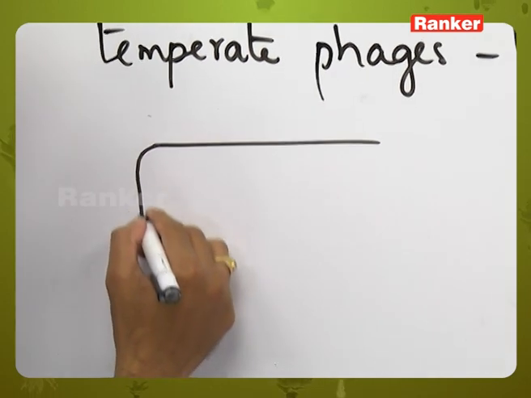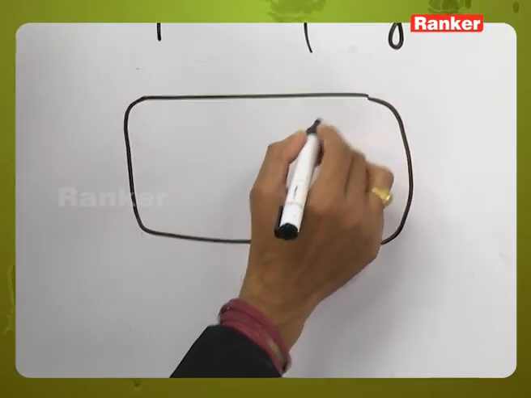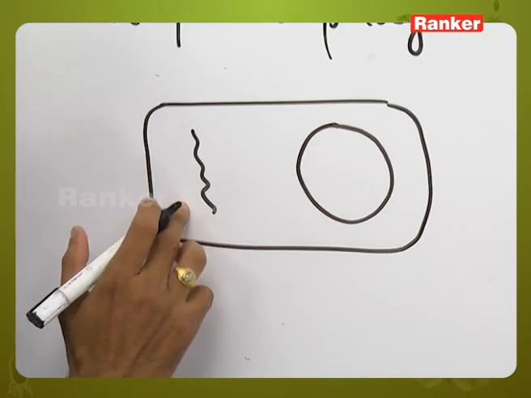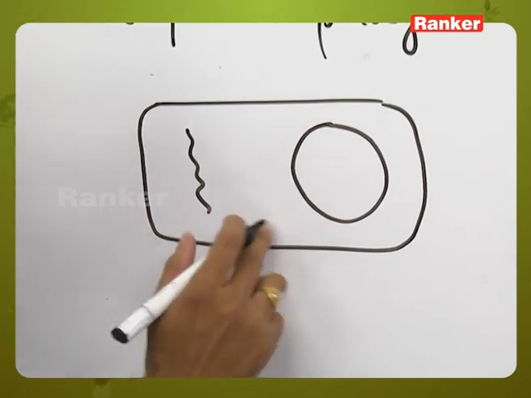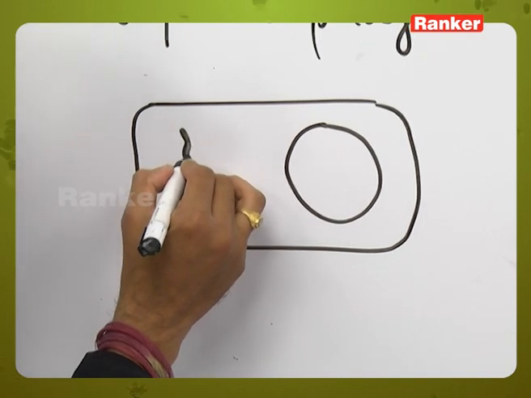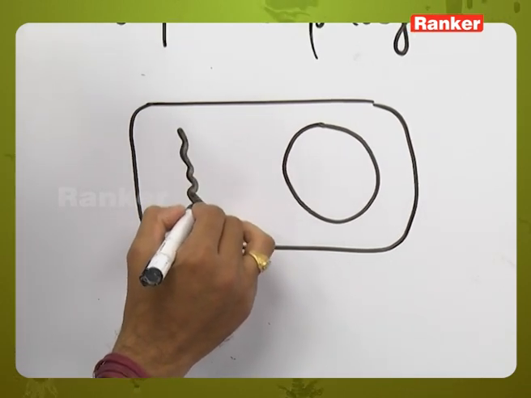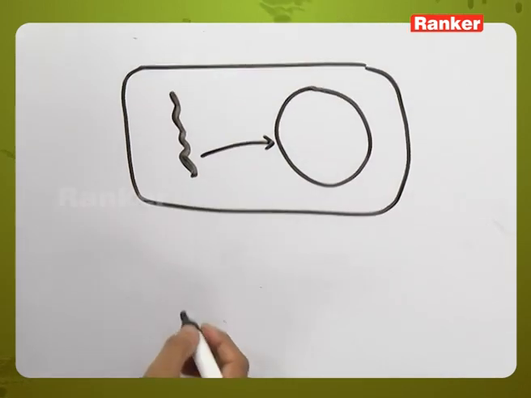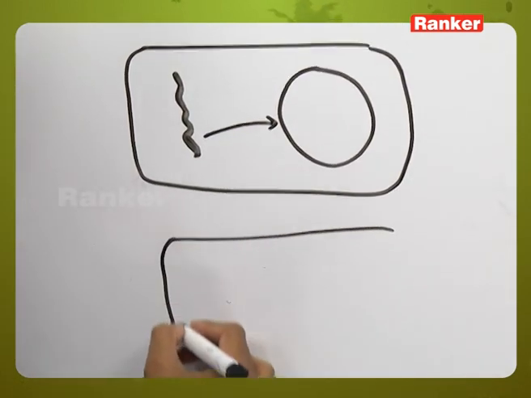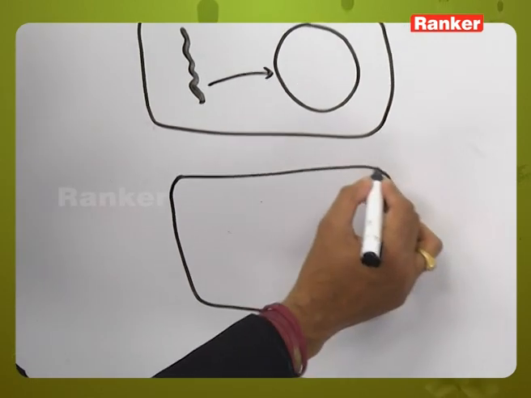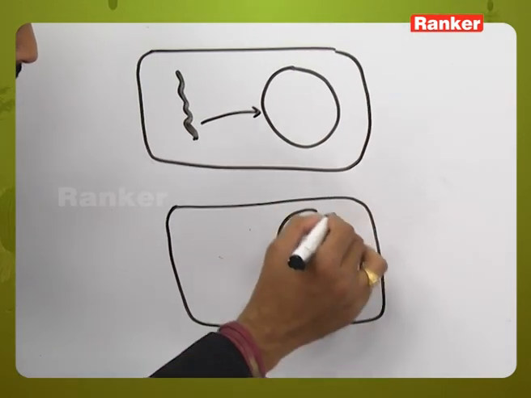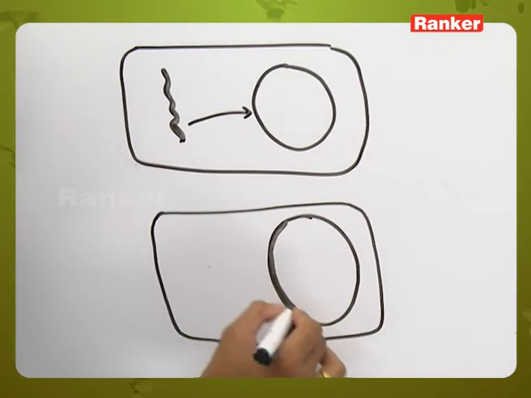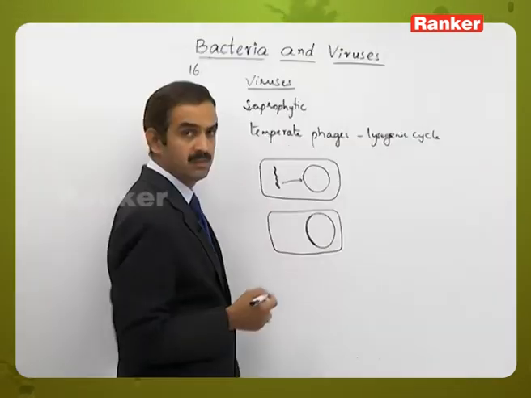That is, consider this as a bacteria, and this is the bacterial DNA. This is a viral DNA that has been incorporated into the bacterial cell, and this viral DNA is drawn as a thick one to differentiate it, so this will get incorporated into the bacterial DNA, and it appears like this, where the thick part is shown as the viral DNA, and the remaining part is the bacterial DNA.